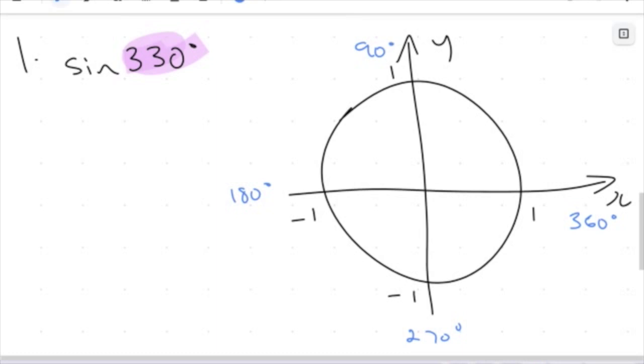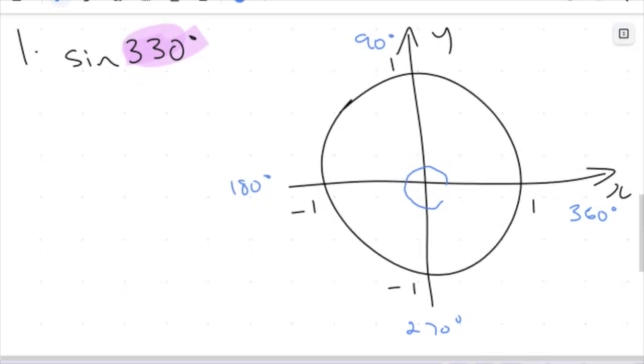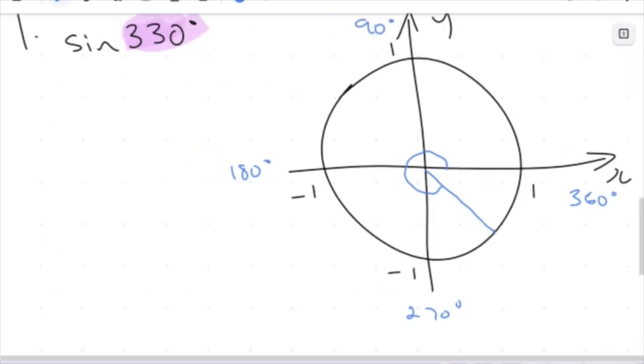Now if I draw this angle here, I'm going to go all the way around and end up roughly here. So if I draw my line out, I have an angle value of, what was it, 330 degrees.